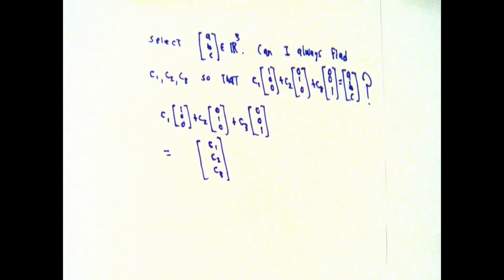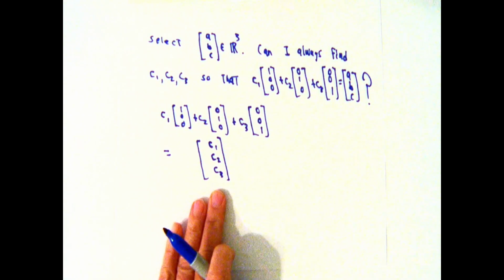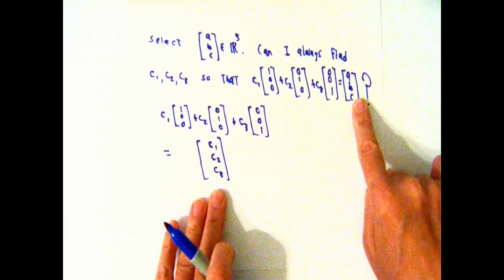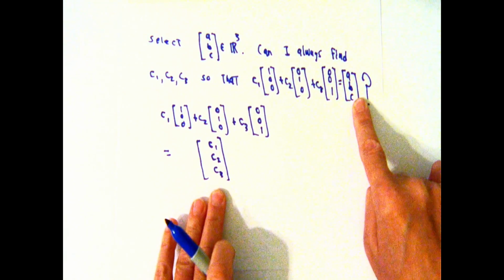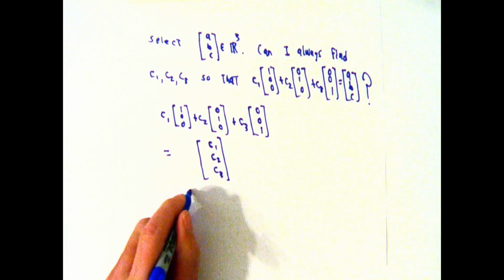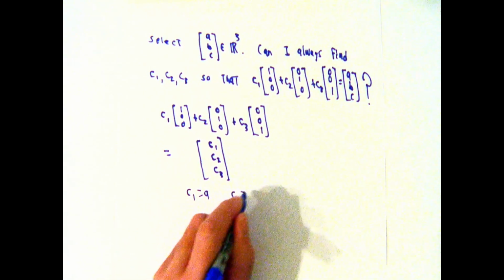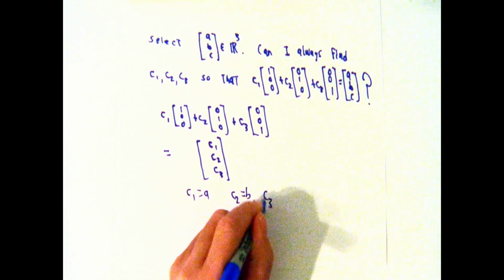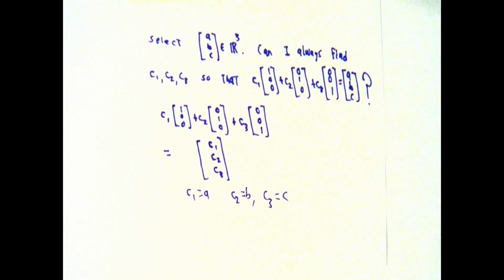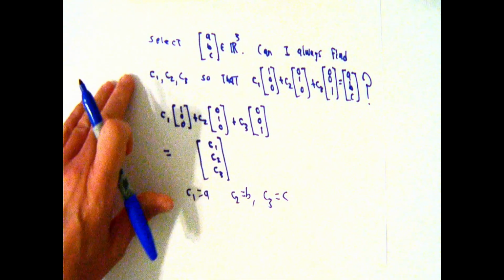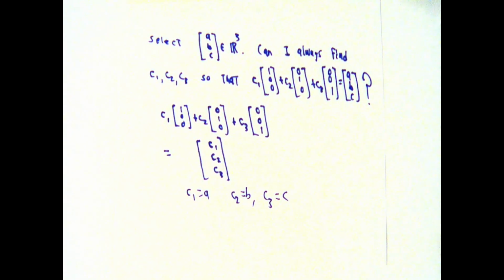Is there or isn't there a way to make that come up equal to that? To make that happen, C1 should be A, C2 should be B, and C3 should be C. So the answer to this question is yes.